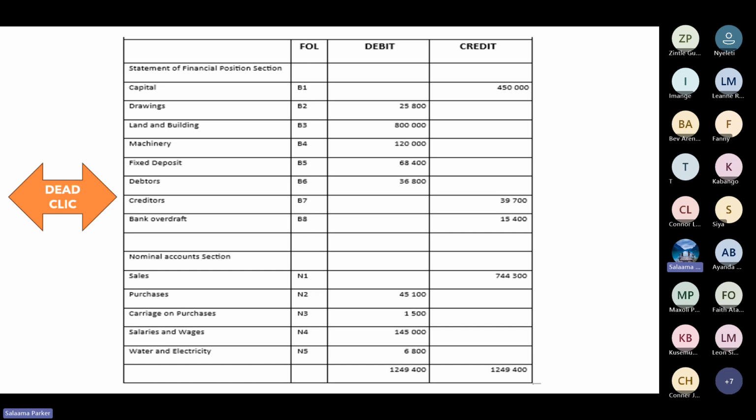And then into my nominal, it's my income and my expenses. Again, I will get marks for recording the correct account name or classifying them under the correct section, putting in my folios, and then recording the balances correctly.